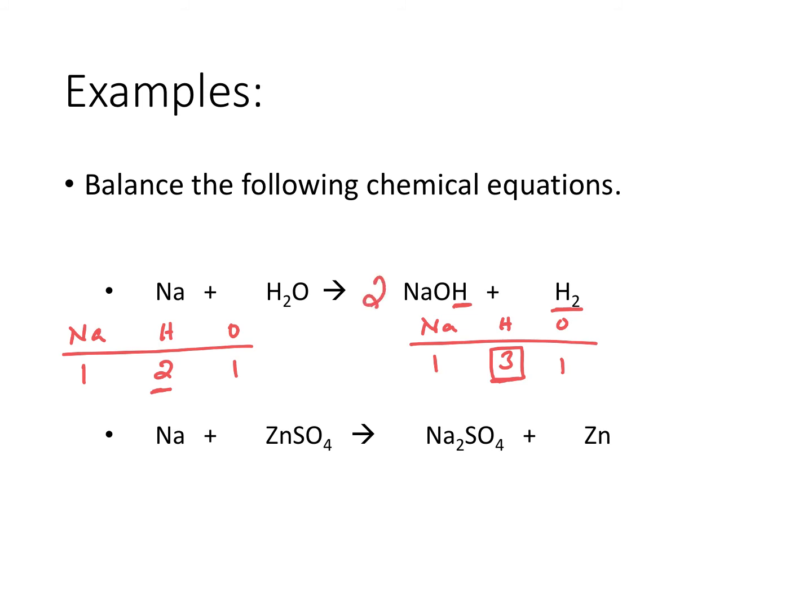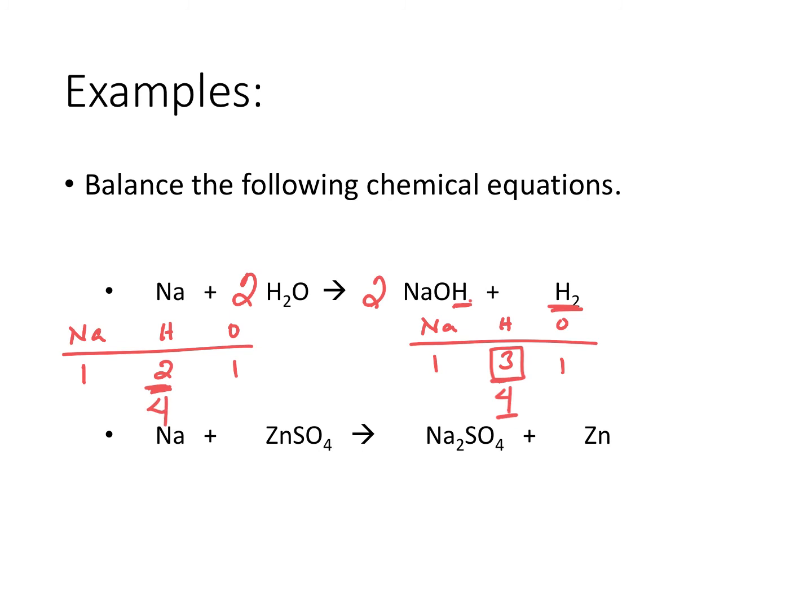So that gives me 2 times 1, which is 2, plus the other 2 hydrogens for a total of 4. Now I can more easily go from 4 hydrogens on the product side and 2 hydrogens on the reactant side by putting a 2 in front of the H2O, which now also gives me 4 hydrogens on the left side.